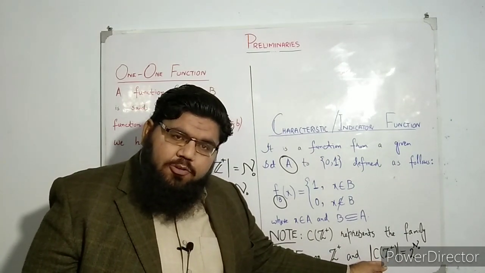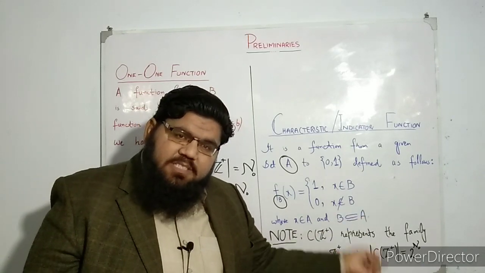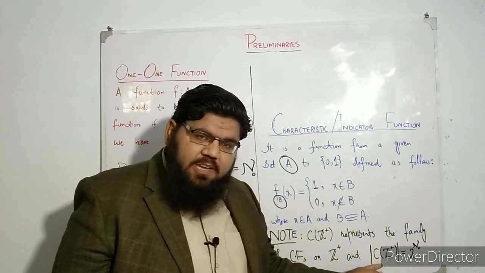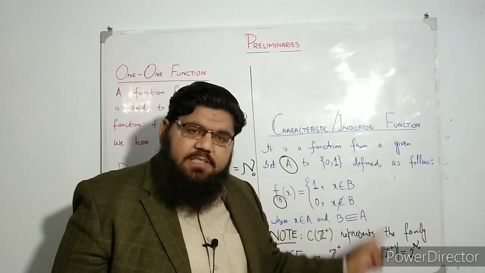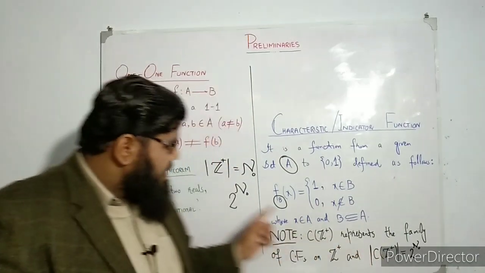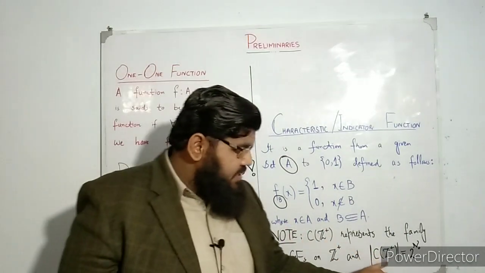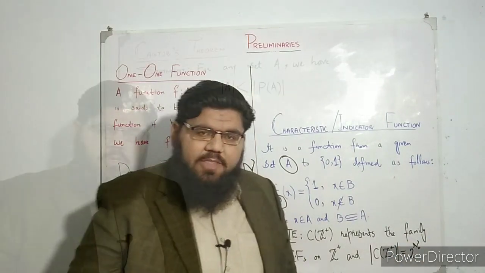And I have told you that this is equal to the number of possible subsets of that set. We have Z positive, and the number of possible subsets of Z positive is from here 2 to the power aleph naught. So this set has cardinality 2 to the power aleph naught.